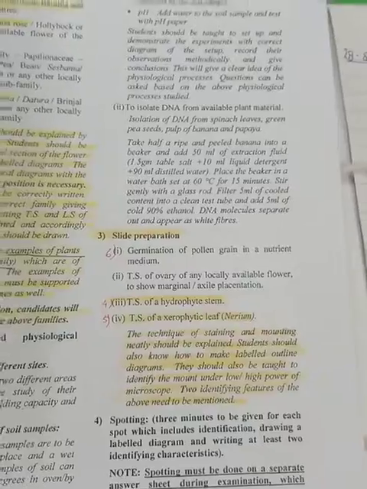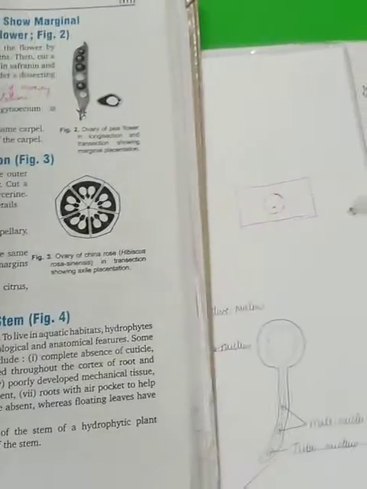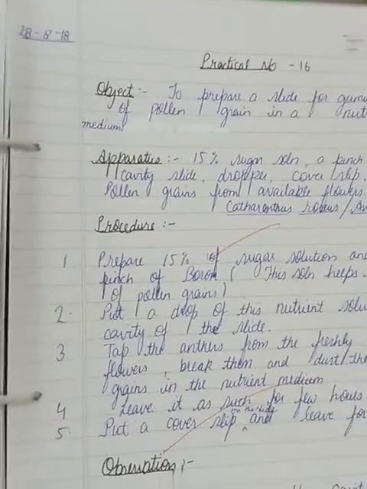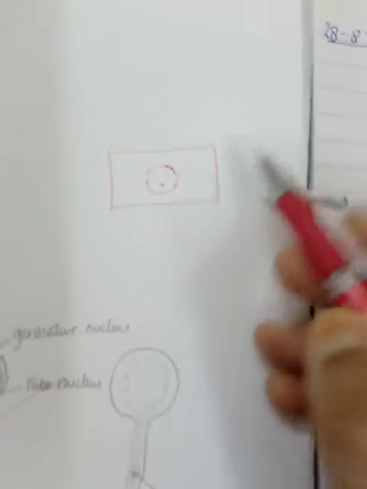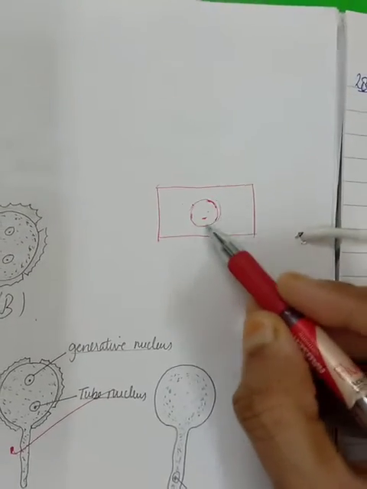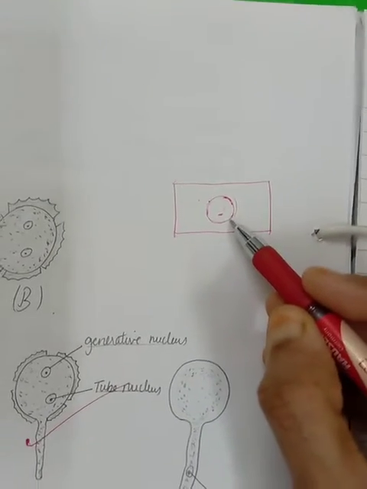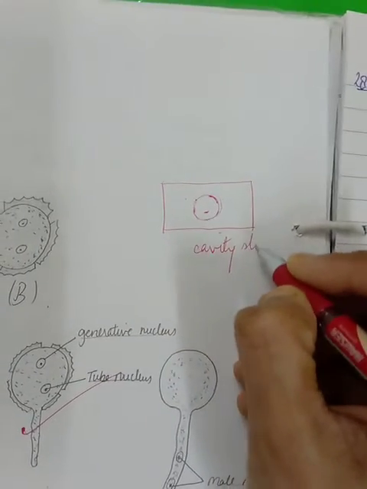Let us start with the description in short before I read the actual things to be written. The working is very simple and very interesting. The requirements are less. All we need is a special type of slide that has a cavity, or a depression, in the center. We call it the cavity slide.